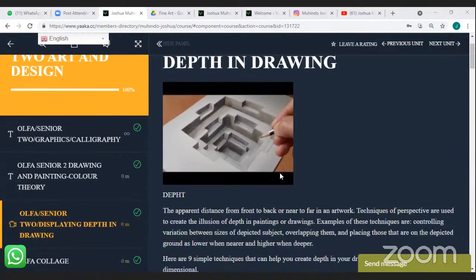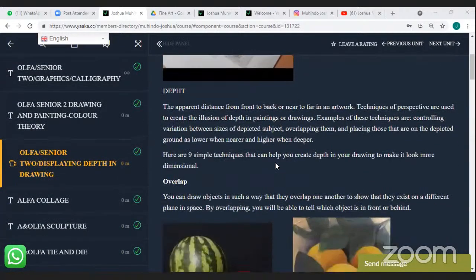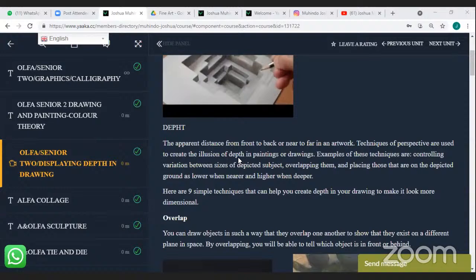Shania, I want you to read out this paragraph, the first one. Depth: the apparent distance from front to back or near to far in an artwork. Techniques of perspective are used to create the illusion of depth in paintings or drawings.